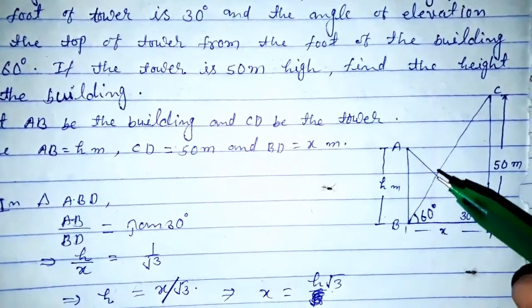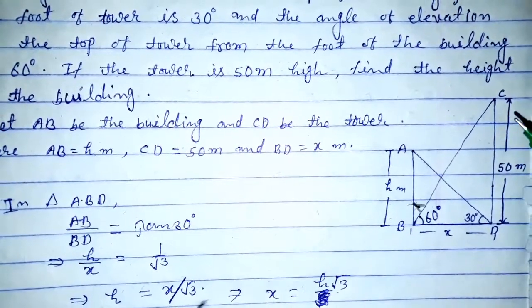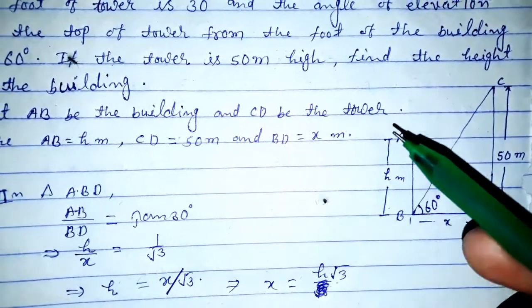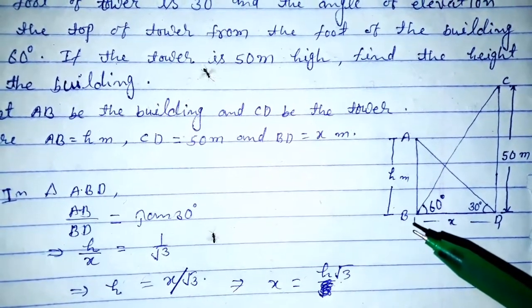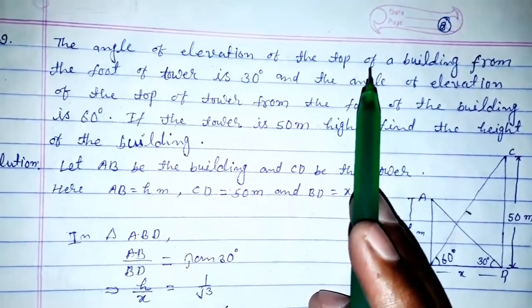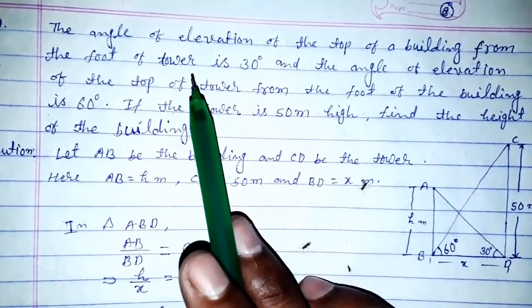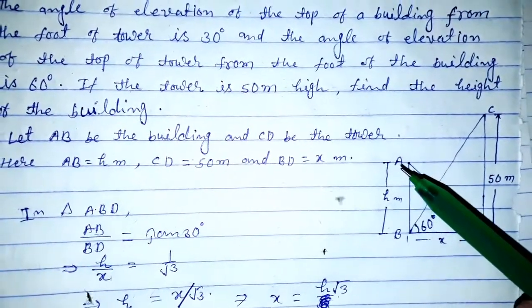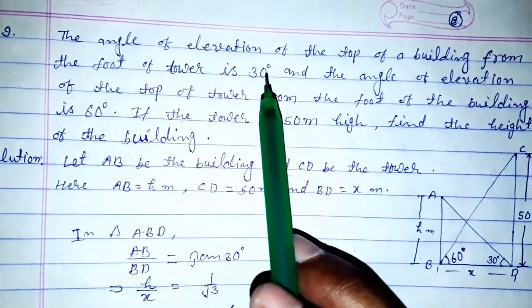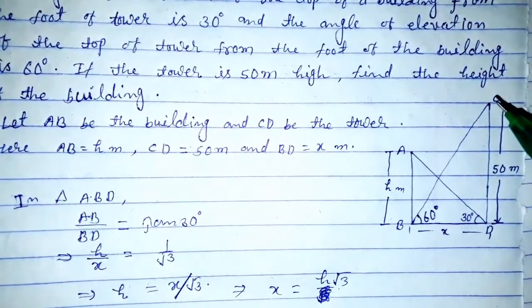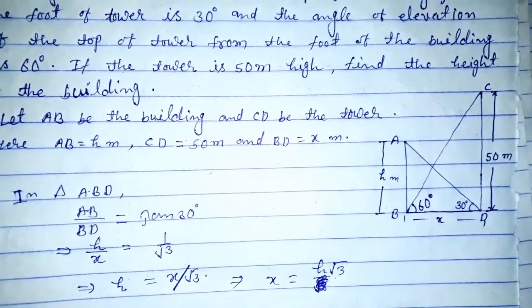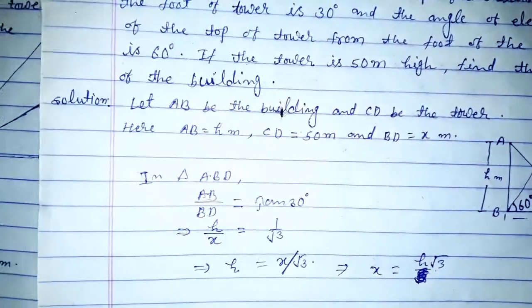So here, let CD be the tower and AB the building. According to the question, the angle is 30 degree and the angle is 60 degree.